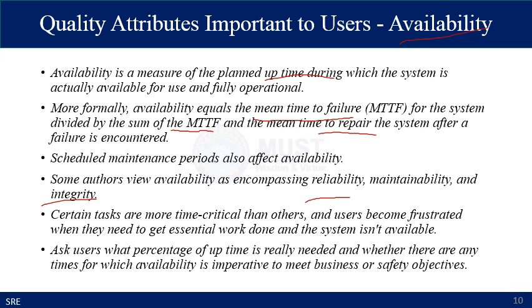Certain tasks are more critical than others and users become frustrated when they need to get essential work done and systems are not available. You have to ask users what percentage of uptime is really needed and whether there are any times for which availability is imperative to meet business or safety objectives.